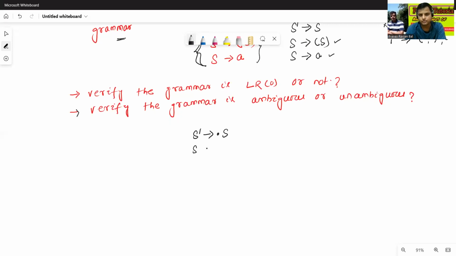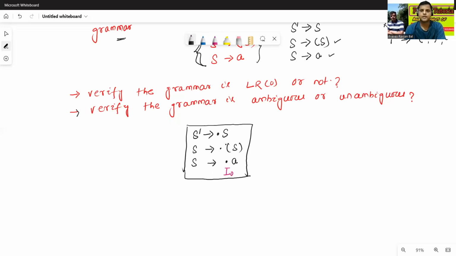So S to dot open bracket S close bracket S, and S to dot A. Okay, this is the I0 state.